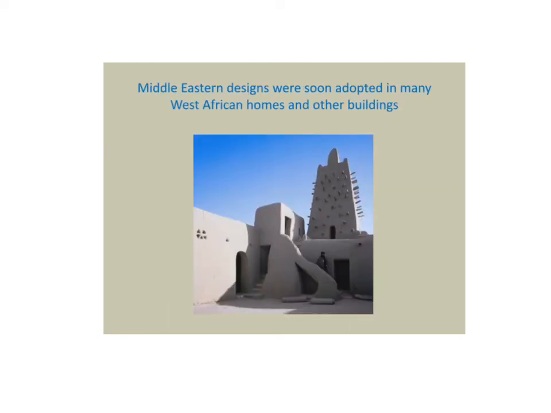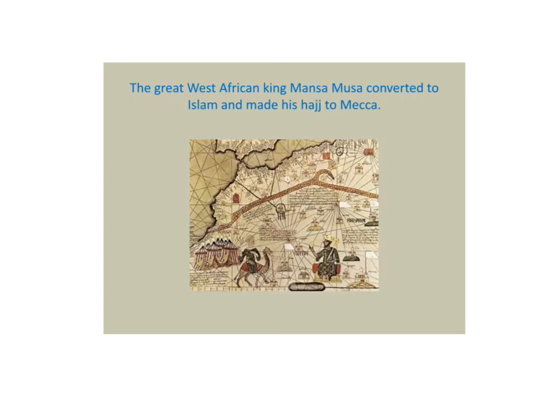And some of those design aspects are actually still seen in homes today, West African homes and other buildings, city buildings, some businesses. So this is a home today in Western Africa, and you can still see some of those design features. One of the people that we will talk about next week is Mansa Musa.